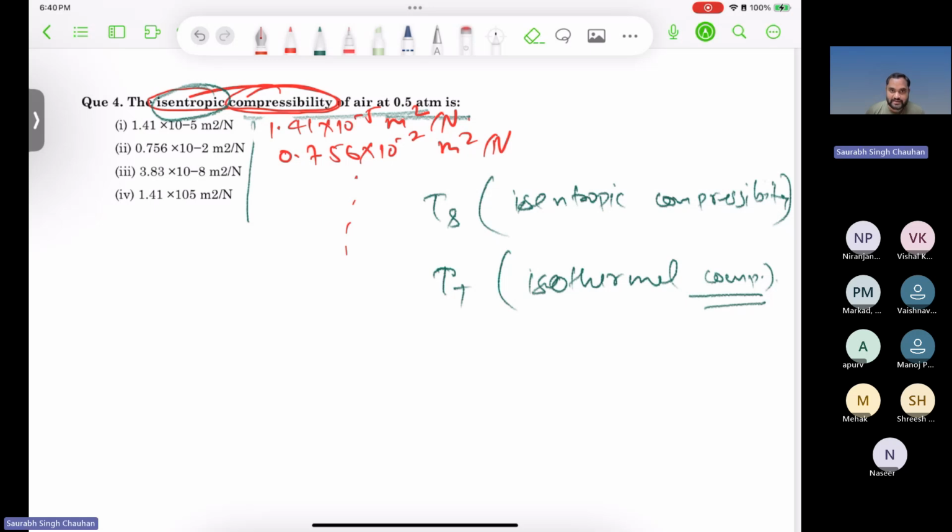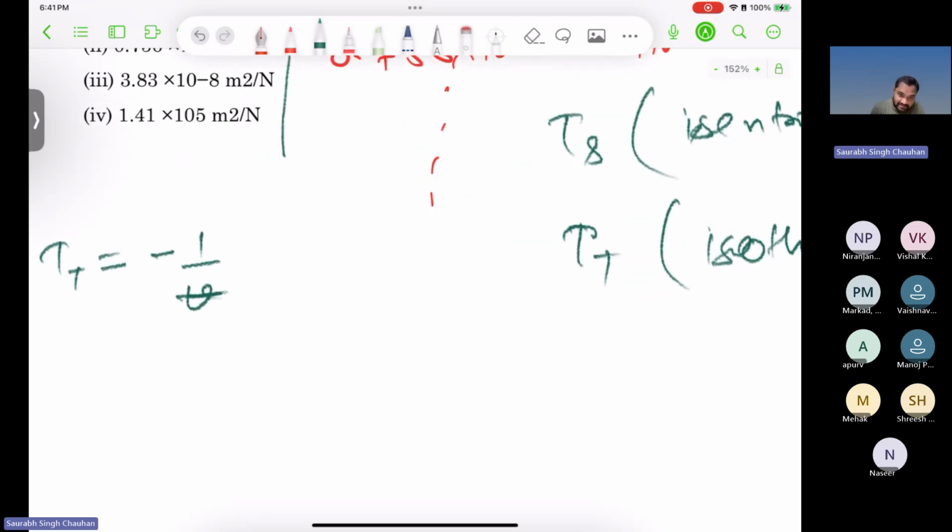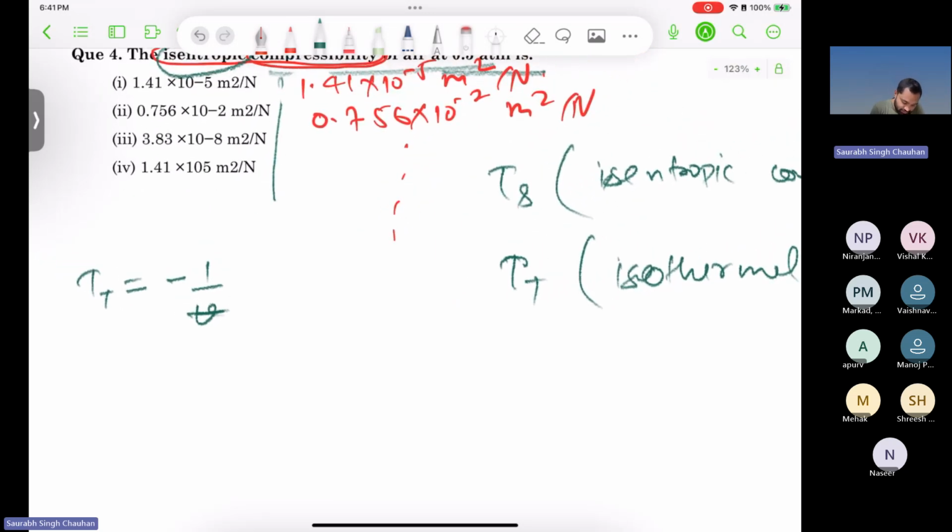So for isothermal, what is the relation? What is the equation? Isothermal means temperature remains constant. For air, it's 1 by P. So isothermal here, temperature will be constant, 1 by V. Okay, so I am putting this bar sign so that you don't confuse this V with the velocity.